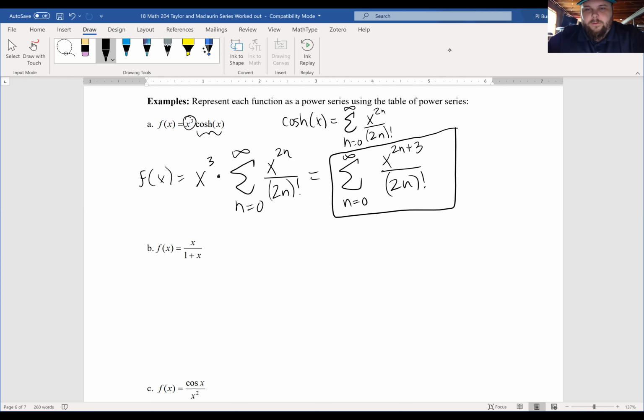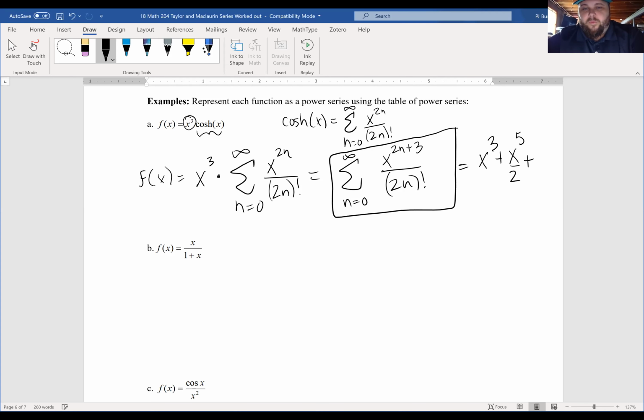That's the power series representation for that function. Just for the experience, let's see what the first couple terms look like. Let n equal 0. I'm going to get x cubed over 0 factorial, so just x cubed. If I let n equal 1, I'm going to get x to the 5th over 2, right? 2 times 1 is 2, 2 factorial is 2.